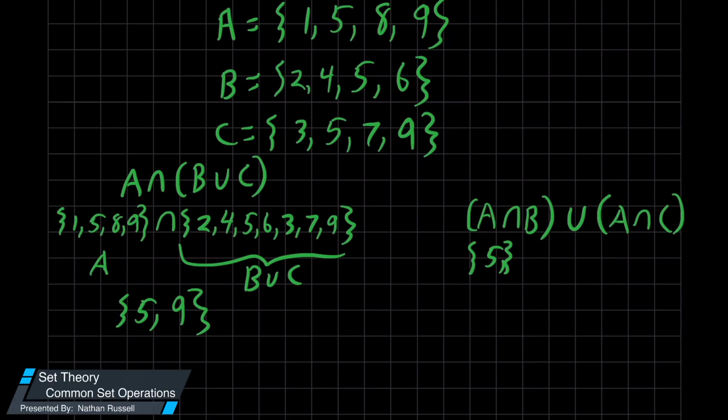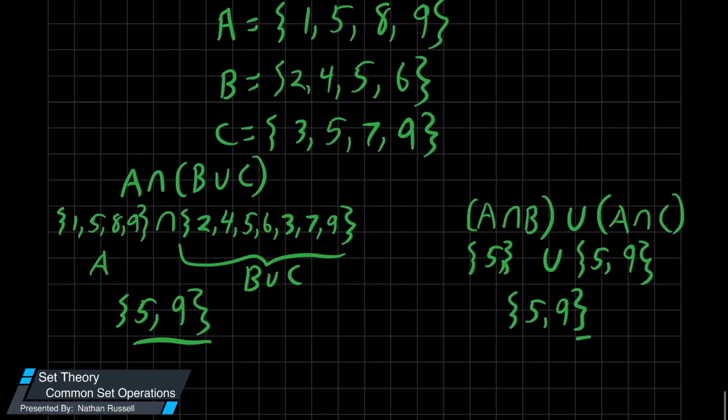So that's basically it. And then we're going to take the union, and what is A intersect C? It's not going to be 1, but it will be 5, and it will be not 8, but 9. And then when we take the union of these two things, it's basically combining them together, only without the duplicates. And so this becomes the set 5, 9.